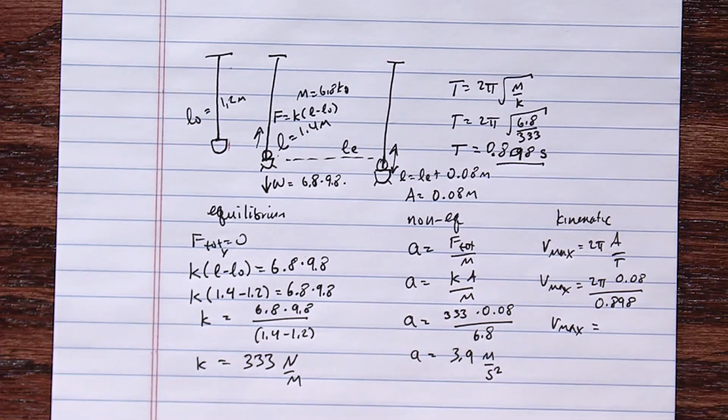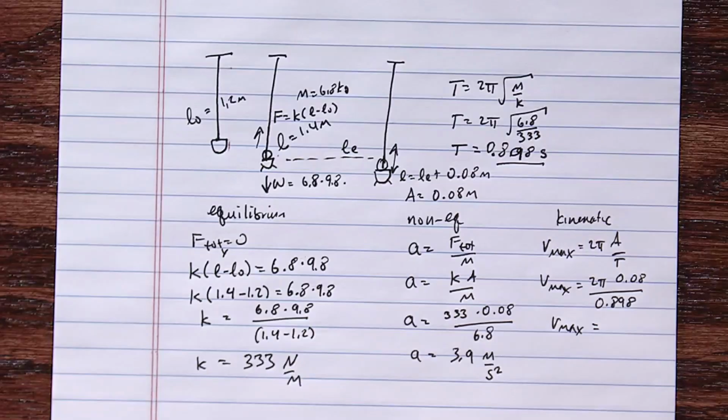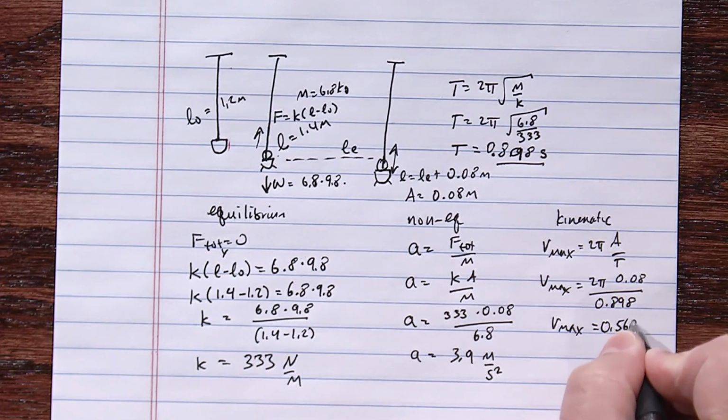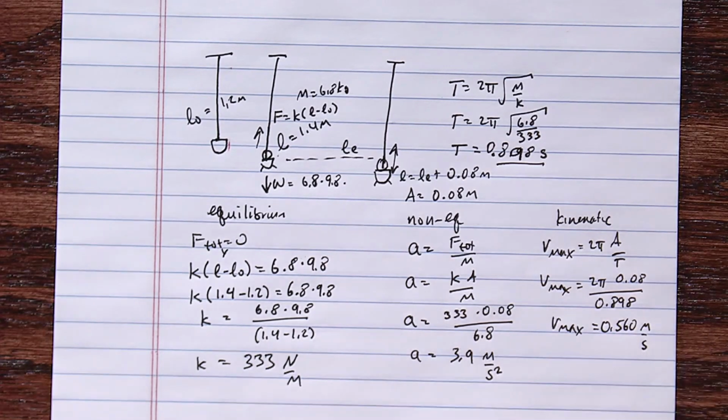So it gives us Vmax of 2 times pi times 0.08 divided by 0.898 seconds, and that gives the baby a maximum speed of 0.560 meters per second. And that was the third question that we were asked.